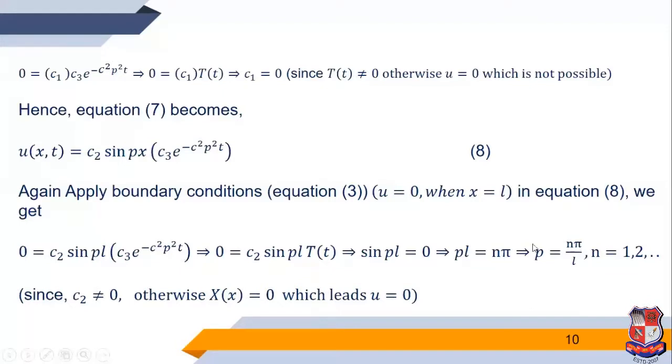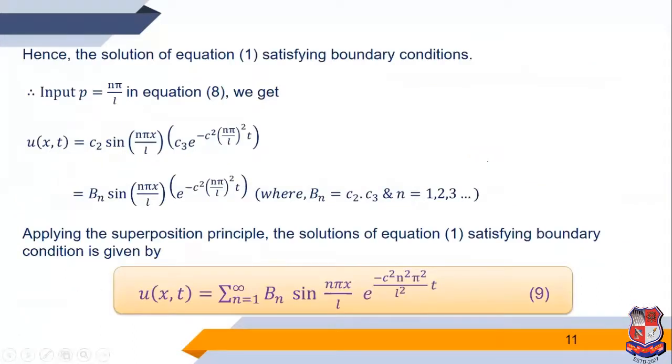This value we input in equation 8. Then equation 8 becomes u(x,t) is equal to c2 sin n pi x by L c3 e raised to minus c square n pi by L whole square into t. And hence we can also say the solution of equation 1 satisfies the boundary condition.